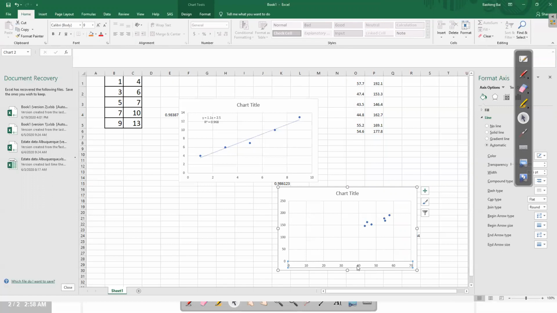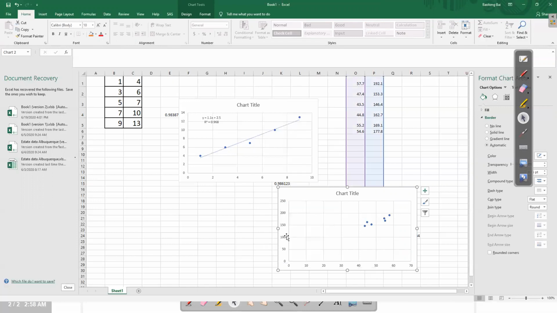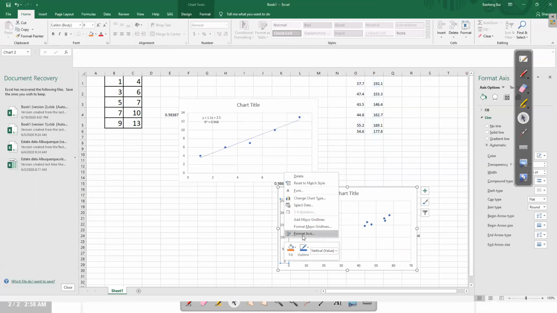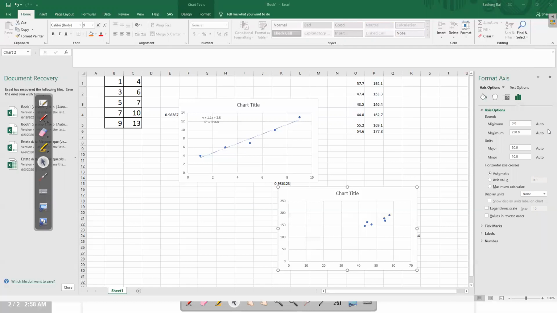If you want to make it more spread, you just need to adjust the axes. For example, for the y-axis, there's nothing below 100, right? So right click on that and format axes. And then here you can choose what's the minimum, what's the maximum.